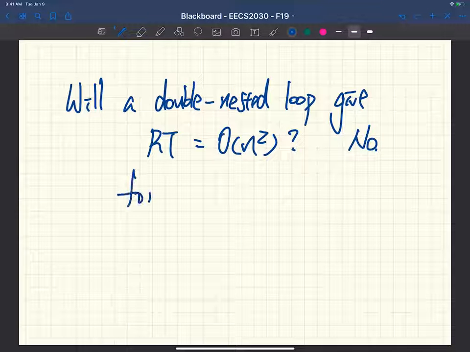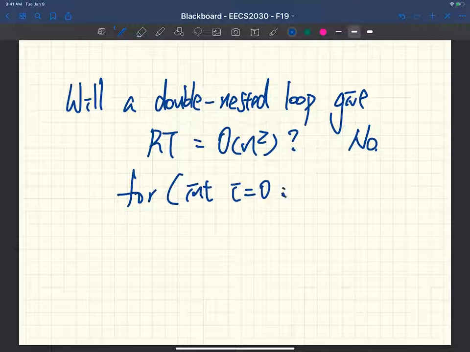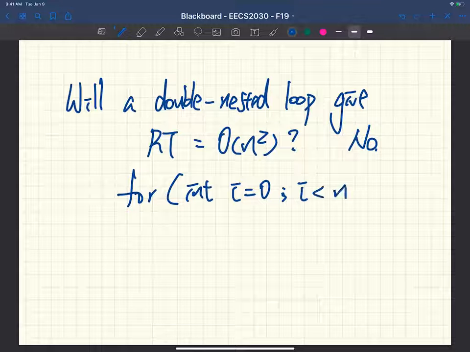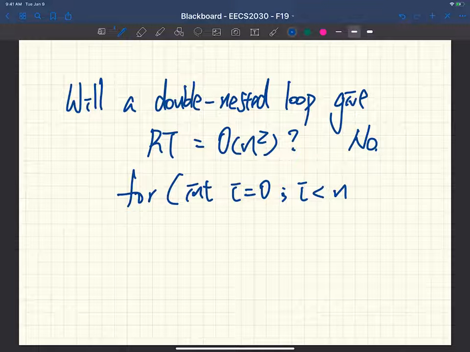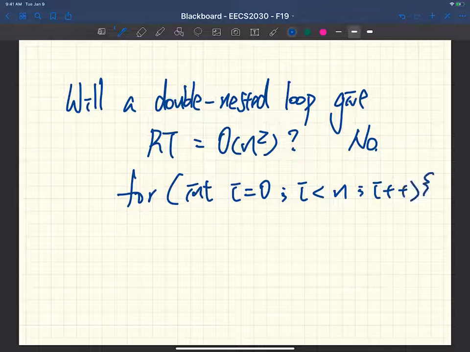What if I say for integer i is 0, i less than n, where n is some array size, i plus plus. This part seems to be fine.